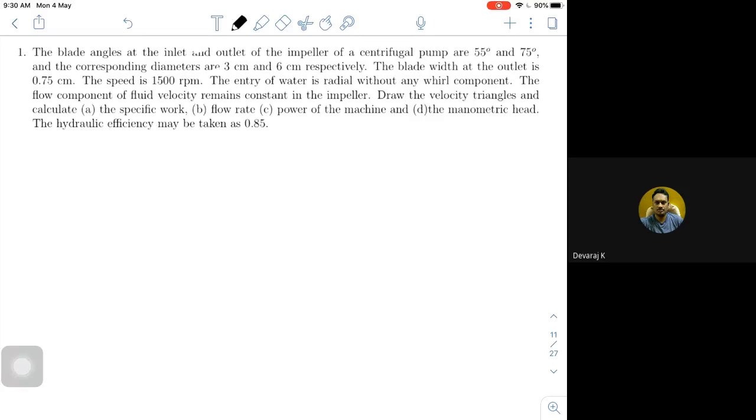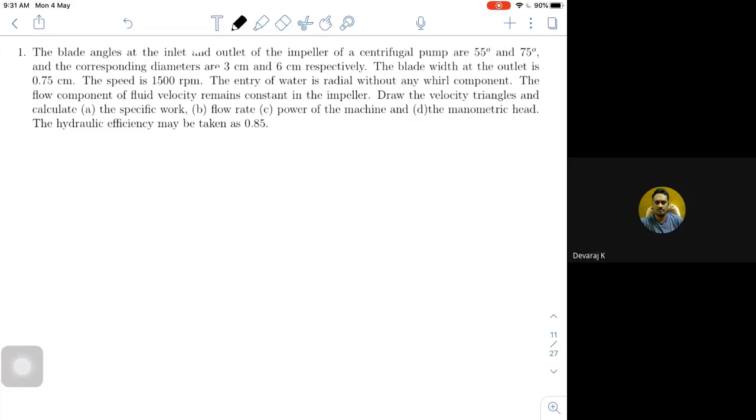The blade angles at the inlet and outlet of the impeller of a centrifugal pump are 55 degrees and 75 degrees. And the corresponding diameters are 3 centimeters and 6 centimeters respectively. The blade width at the outlet is 0.75 centimeter. The speed is 1500 rpm.